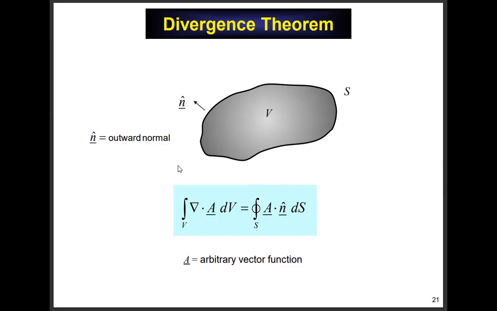Then the divergence theorem says that if you integrate the divergence of any function throughout the three-dimensional volume, it equals the closed surface integral of the vector dotted with the outward normal. This applies to any shaped volume bounded by any surface S.